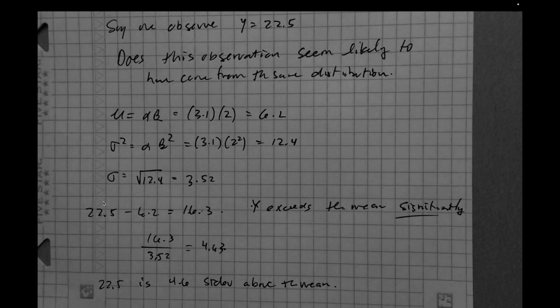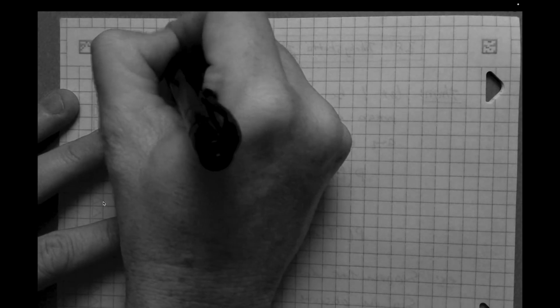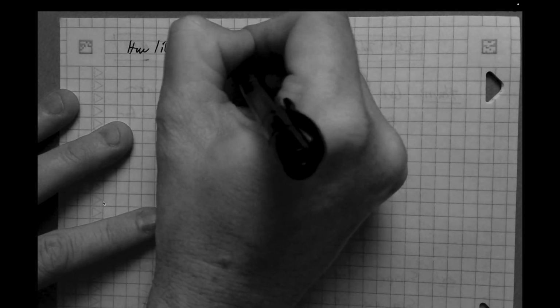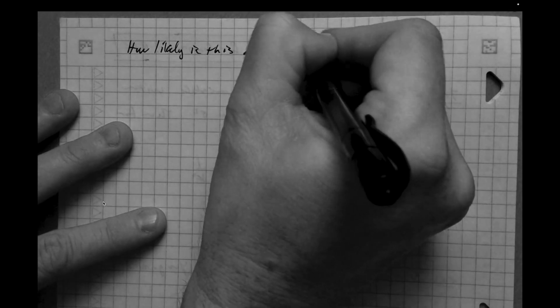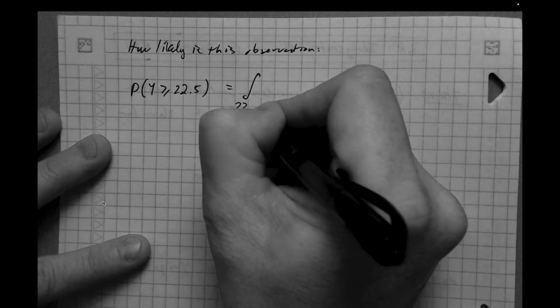But what is the actual probability here that an observation of 22.5 or greater is seen? Well, to calculate that actual probability, let's think about what we'd have to do here. Say we want to know how likely is this observation. We'd have to do something like this: the probability that y is greater than or equal to 22.5.